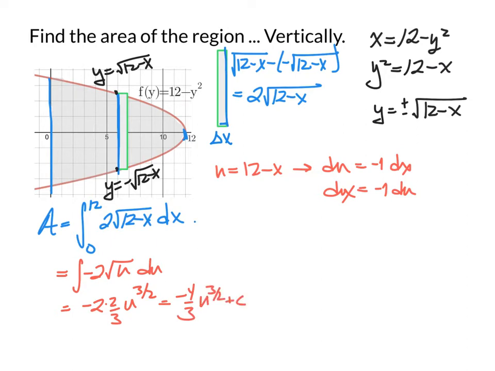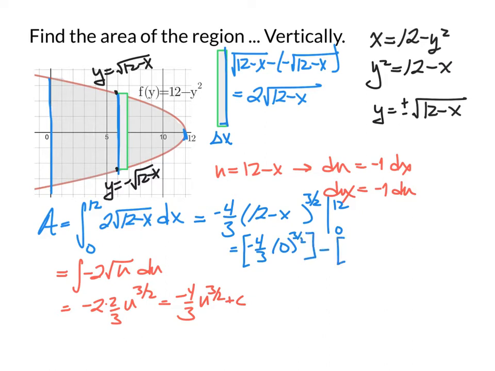That means we can go back to what we have in blue here, and this definite integral is going to be negative 4/3 u to the 3 halves evaluated from 0 to 12, where instead of u we have 12 minus x. To evaluate that, I'm going to need negative 4/3 times 12 minus 12, which is 0, to the 3 halves. And then we do the same thing with 0, so negative 4/3 times 12 minus 0 is 12 to the 3 halves.